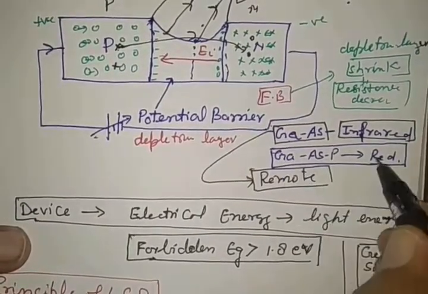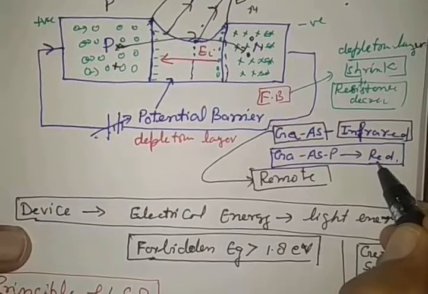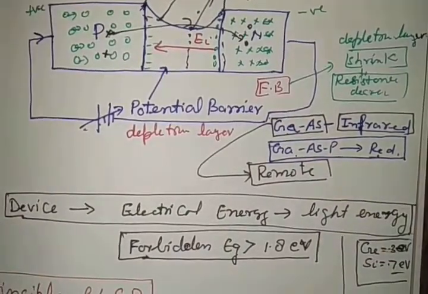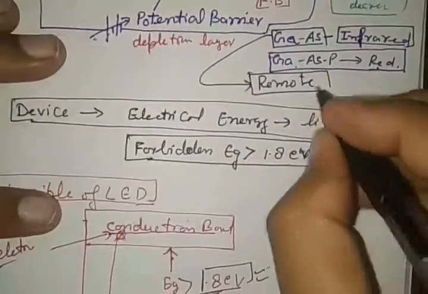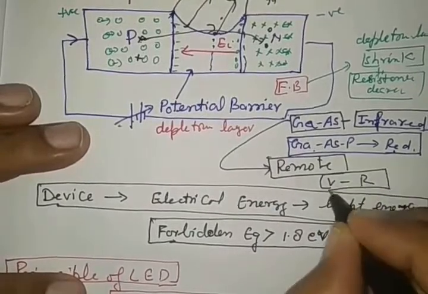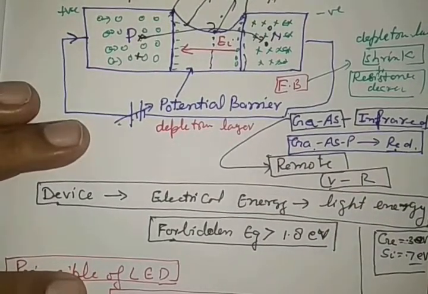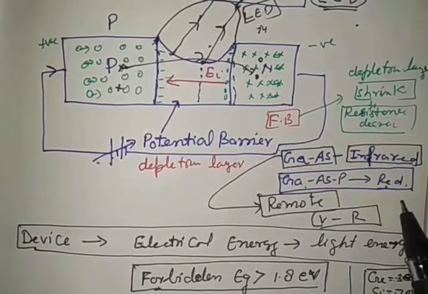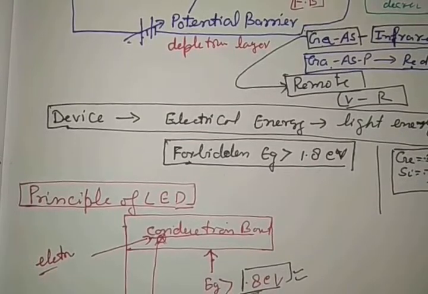And when we want to produce red light, a red LED, we use gallium arsenide phosphide, or if you want to emit any spectral color from violet to red in the spectrum region, we can use that. So we select the material according to the energy gap available in it.